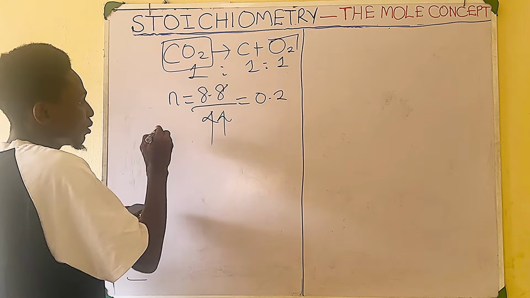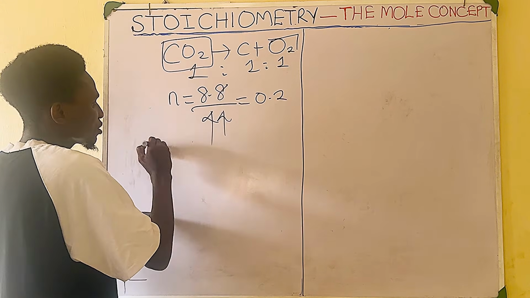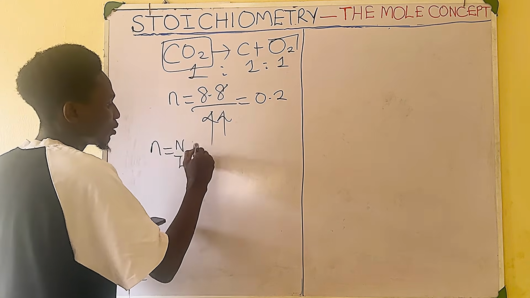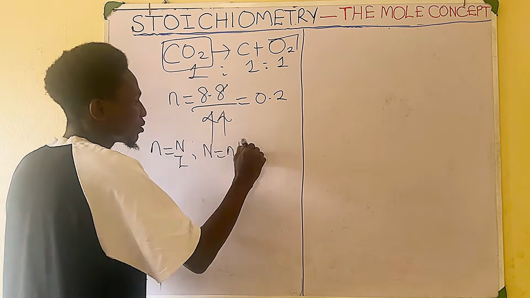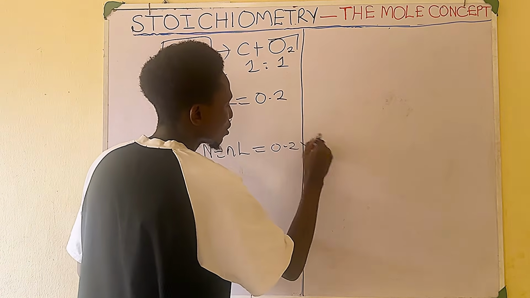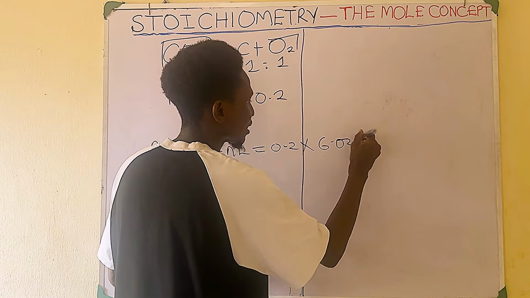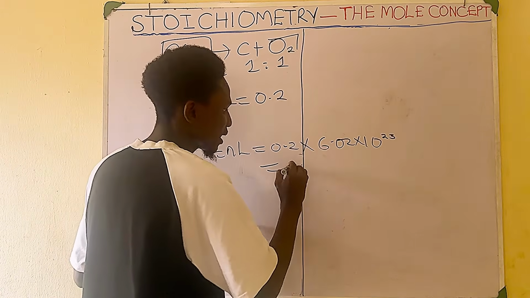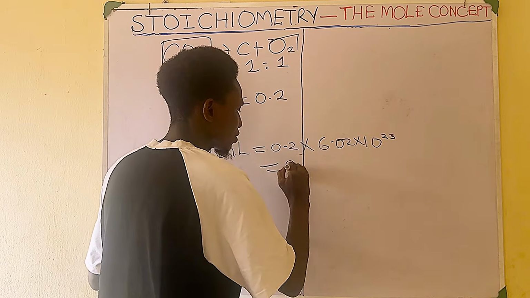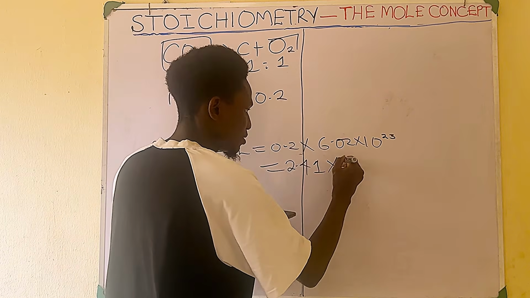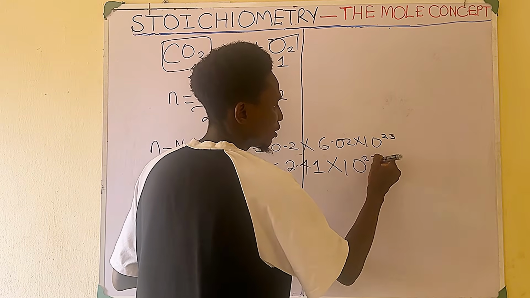It's just for me to say N equals n times L. Since I need it at 0.2 moles, because it's 1:1, just do 0.2 times 6.02 times 10 raised to the power 23, and you get your answer straight up. If you do 0.2 times 6.02, you get 1.204 and so on, giving 2.41 times 10 raised to the power 23. That's option C.